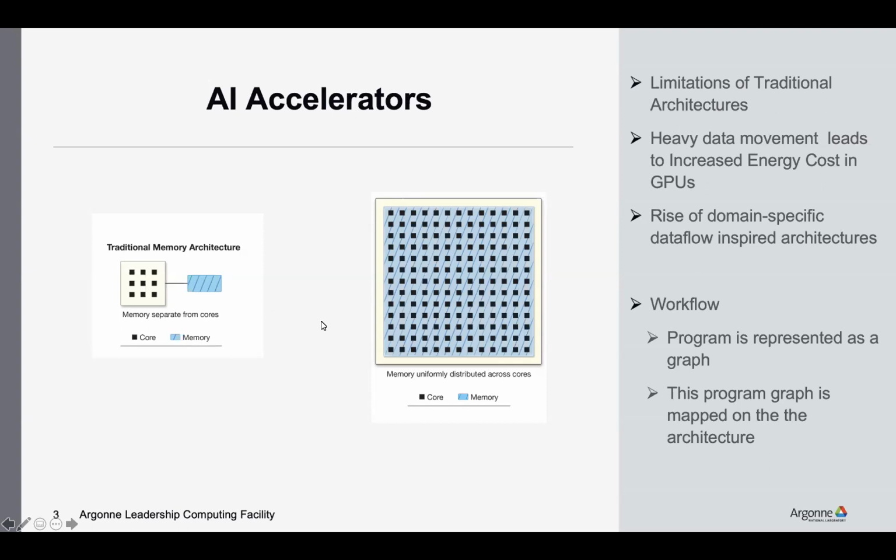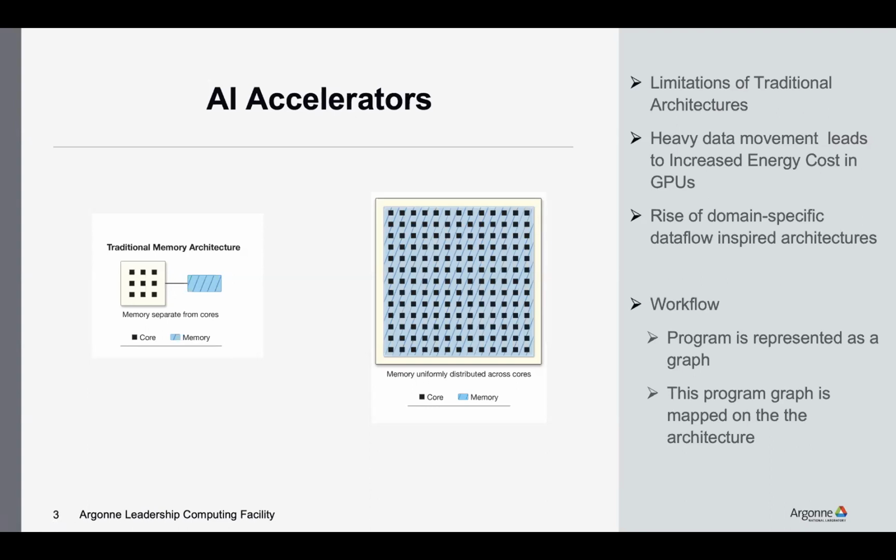To tackle this very problem, we are now moving towards domain-specific, dataflow-inspired architectures. If not all, most of them pretty much look like this, where you have cores and memory together on chip, and data flows through them to generate the results. That's the main motivation behind moving towards domain-specific AI accelerators.